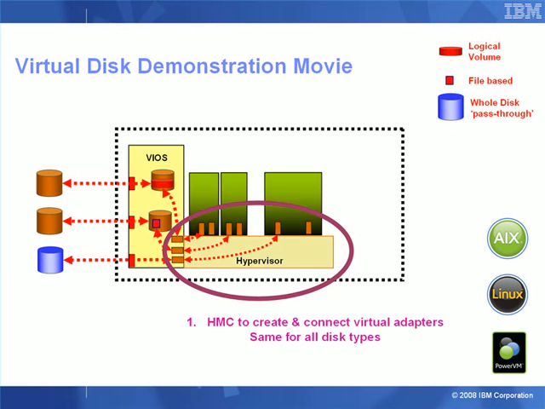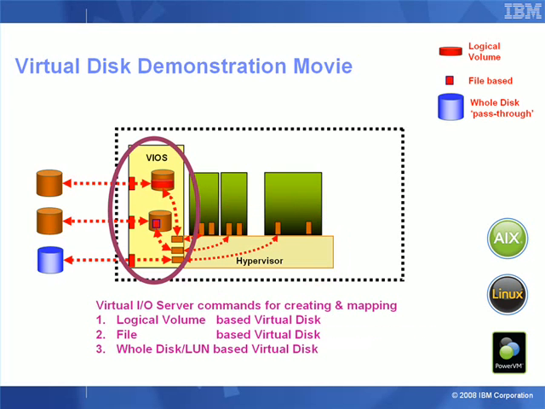And these connections are all exactly the same regardless of what underlying disks are involved. In the second part, we're going to look at how we do this, creating the disks and the mapping of those disks to the virtual SCSI disks for the logical volume based, the file system based, and the whole disk or LUN based virtual disks.